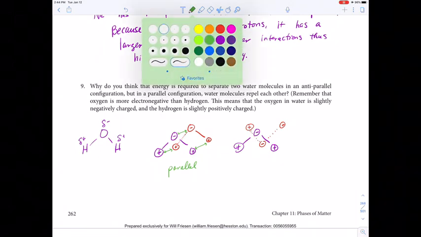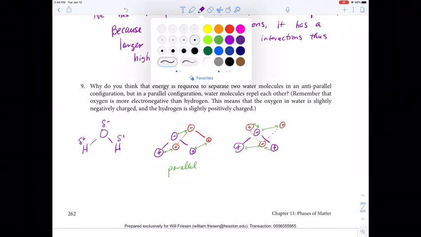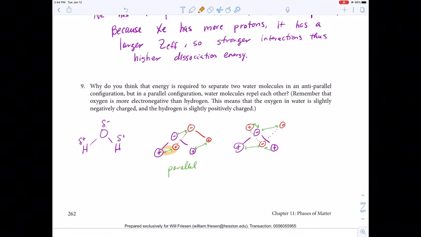Okay, so here there can exist interactions. These positive hydrogens can interact there, and something like this. So over here, what do we know about like charges? Like charges don't attract. However, positives are attracted to negatives, and that can exist in the anti-parallel.